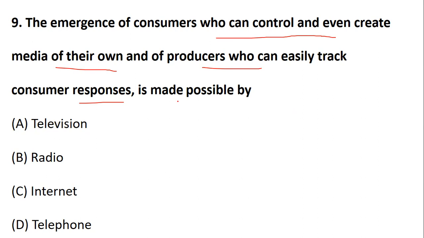It can be done with television, radio, internet, or telephone. Here we are interested in the impact. So the impact can be achieved with the help of what? Internet, because you need to control them. Television, radio, telephone will not give you that amount of response which can be given by internet as per the current trend. So obviously, internet is something which you can easily track with, and it can be made possible, right?